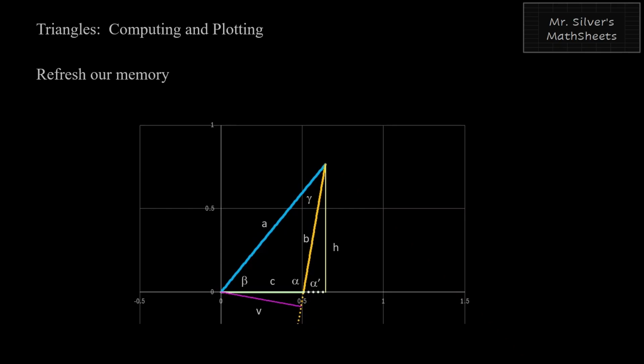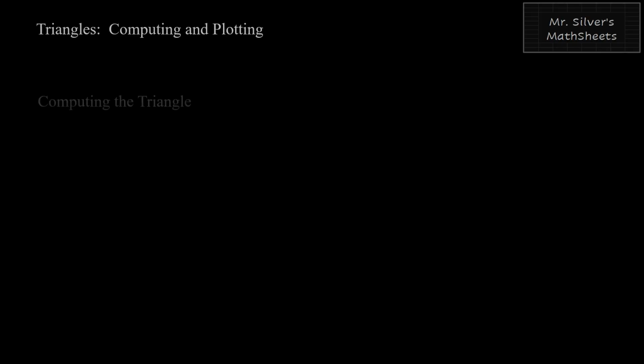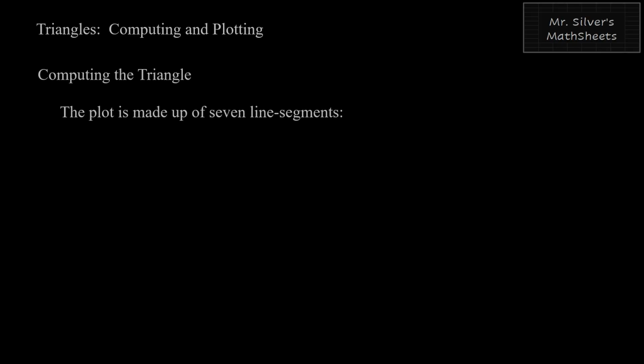Okay, now in this version you have A, B, and C. You have the extension C prime that matches H, and the extension B prime that extends to V. So the plot is made of 7 line segments: a left side, a right side, a base.